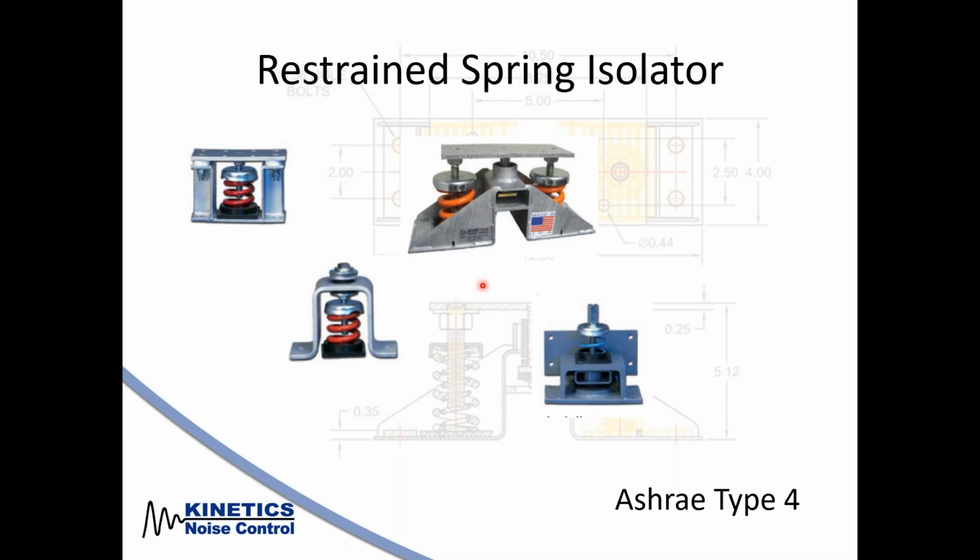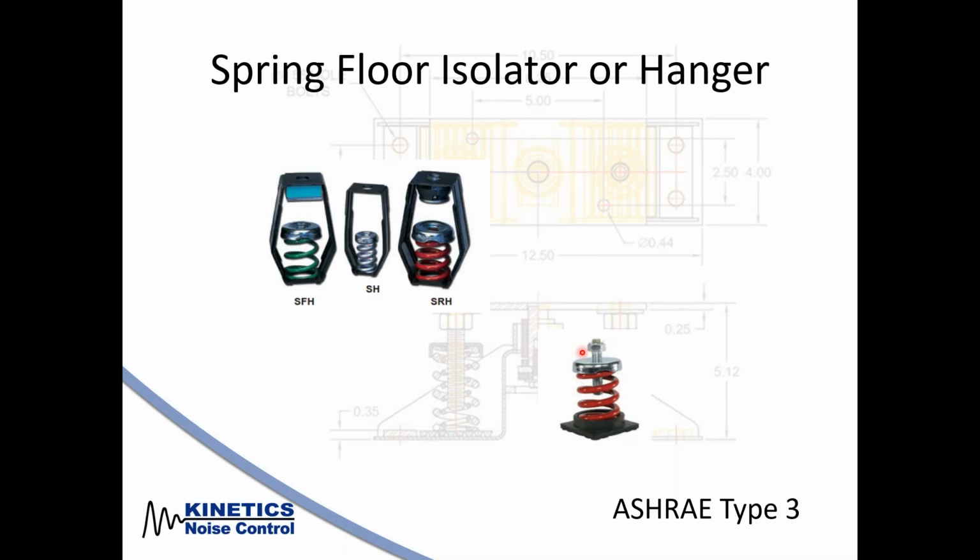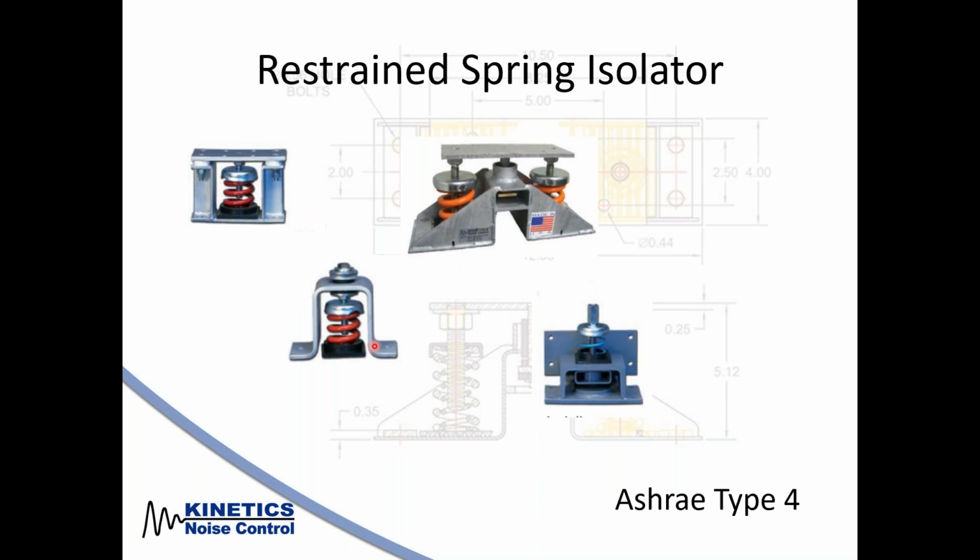Once we move up to the ASHRAE type 4 isolator, now we have a way to restrain the spring, whether it be for seismic events, whether it be for wind on a rooftop. We've taken this open spring concept where nothing can hold the equipment in an event, and now we've introduced, for instance, here a top hat type setup where this is now a restraint. So once the weight of the equipment is sitting on this bolt, this spring is freely floating and nothing is touching this housing.